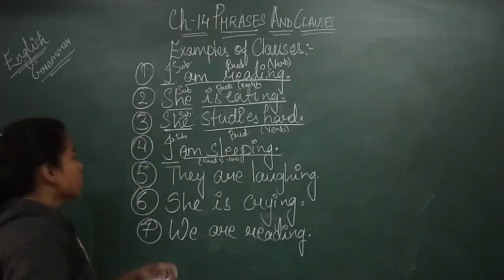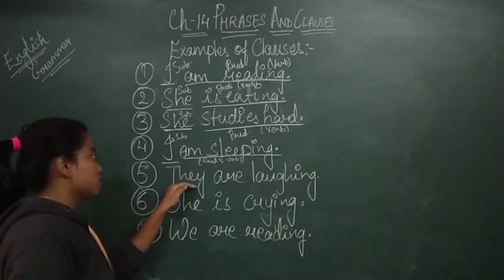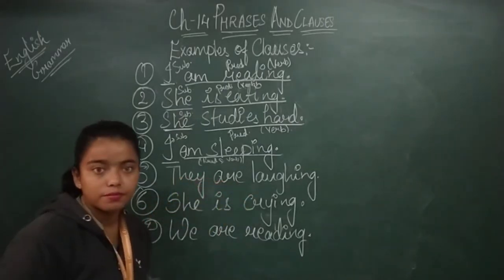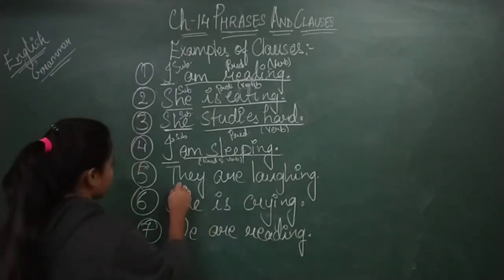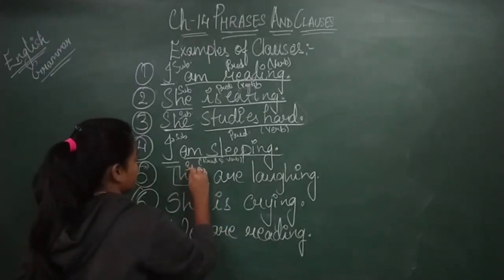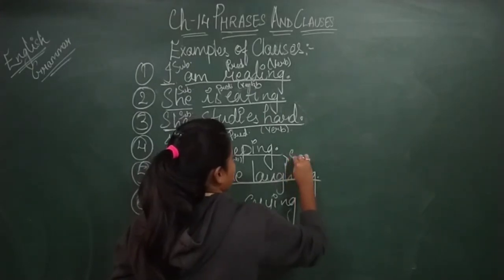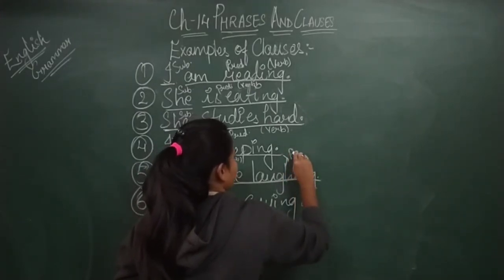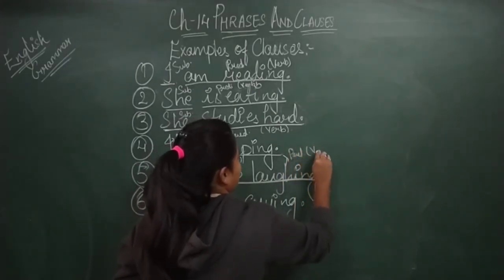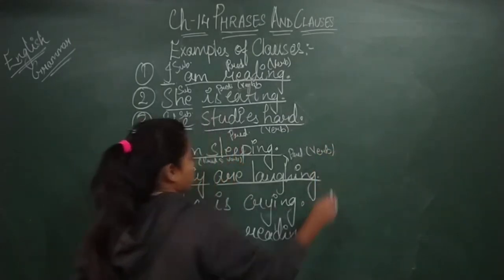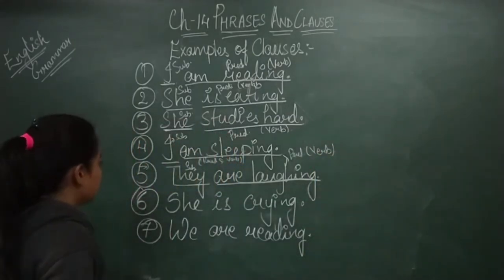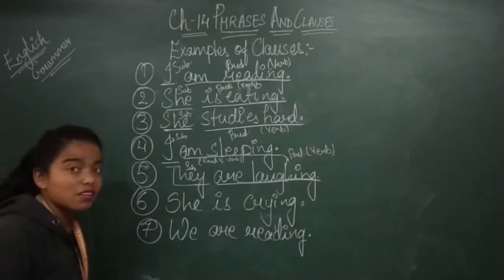Right? Now again the next, they are laughing. They is my subject again and laughing is my predicate and the verb also, the action word. Yes, she is crying.